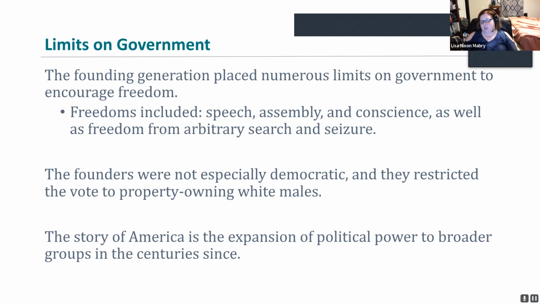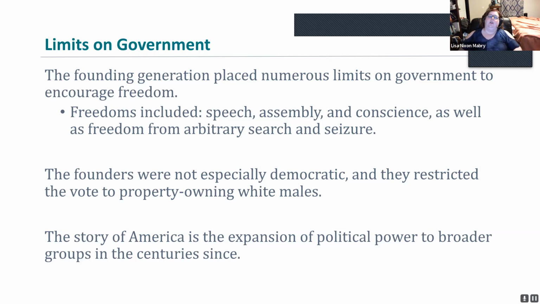The founders were not especially democratic by nature because they were white, they owned property, and if they weren't educated, they were at least in positions of distinction in society. So they weren't like, yeah, we're for everybody, men, women, children, black, white, purple, orange, it doesn't matter, everybody's good.